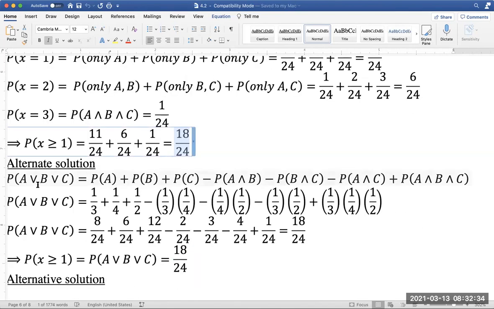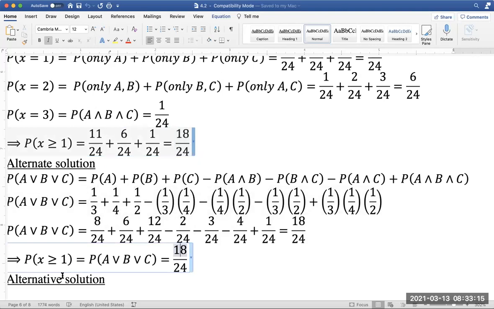The probability of A or B or C is the probability of A, 1/3, plus the probability of B, 1/4, plus the probability of C, 1/2, minus the probability of A and B, 1/3 times 1/4, the probability of B and C, 1/4 times 1/2, the probability of A and C, 1/3 times 1/2, plus the probability of A, B, and C, 1/3 times 1/4 times 1/2. And so if you add these all up, you get 18 out of 24.